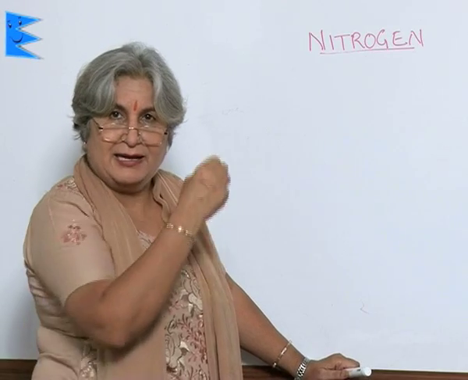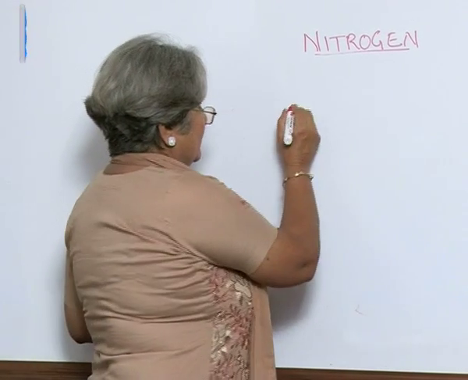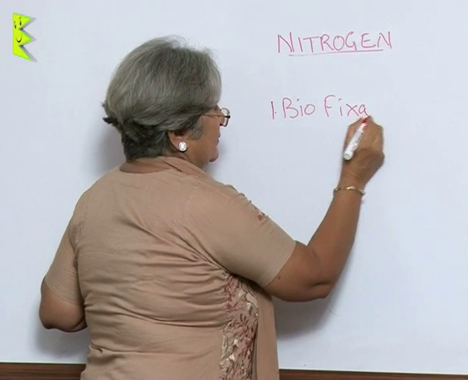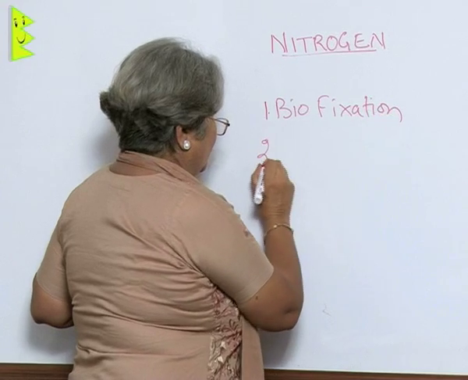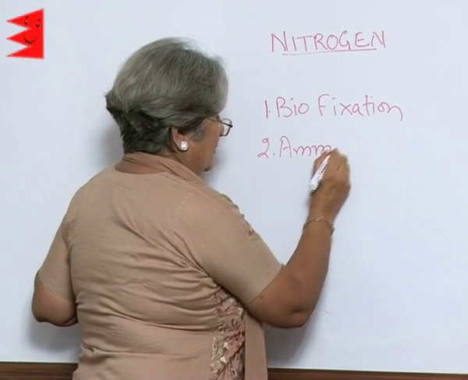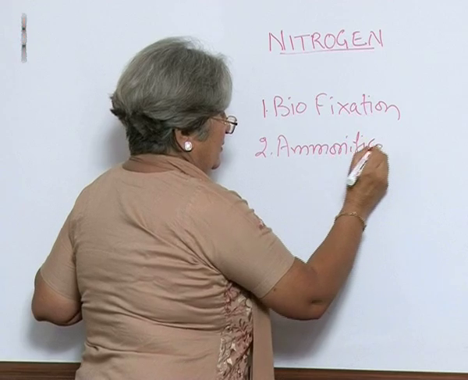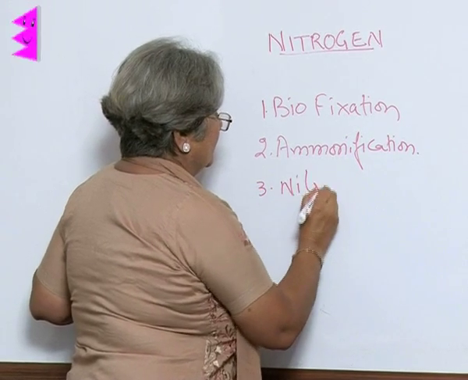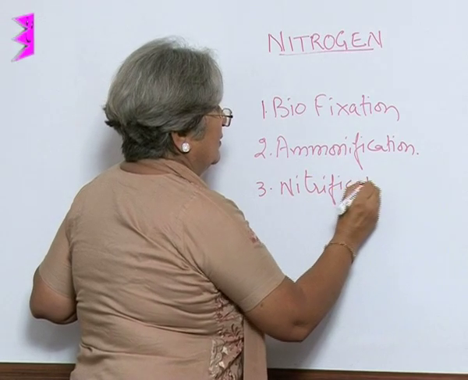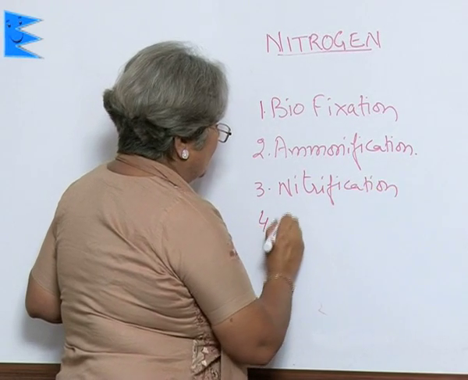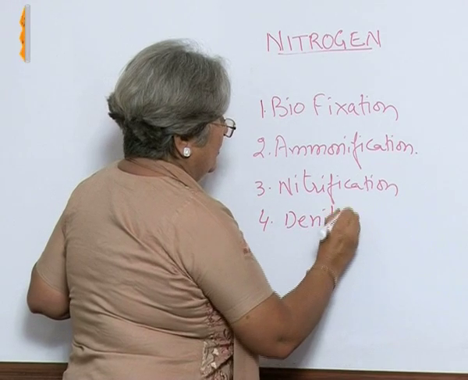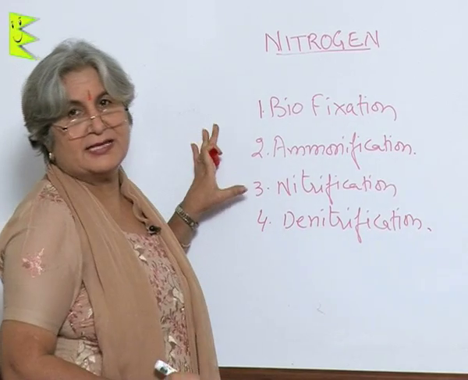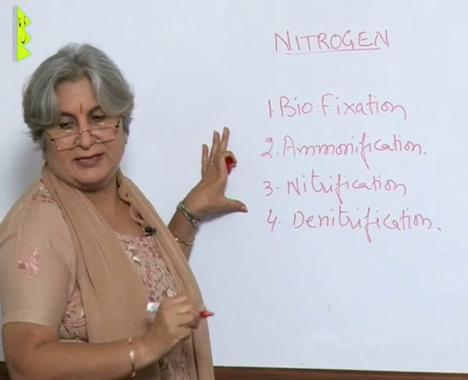For better memory, let us write down these main points: biofixation, ammonification, nitrification, and denitrification. These are the 4 processes which take place in the nitrogen cycle.